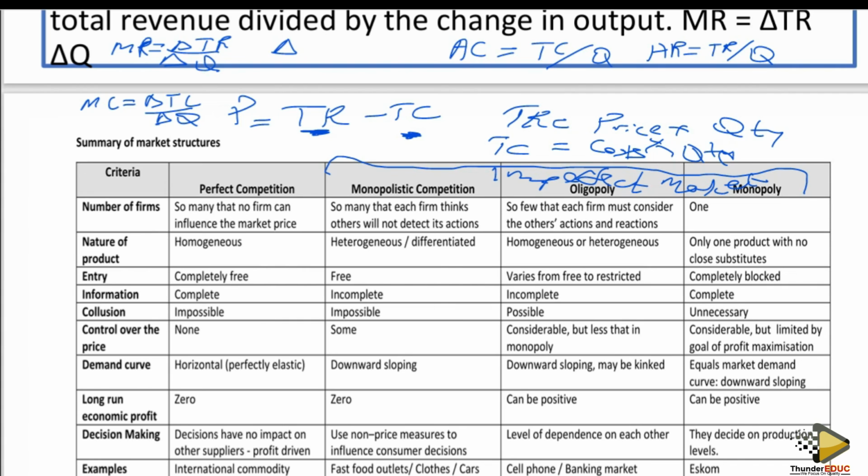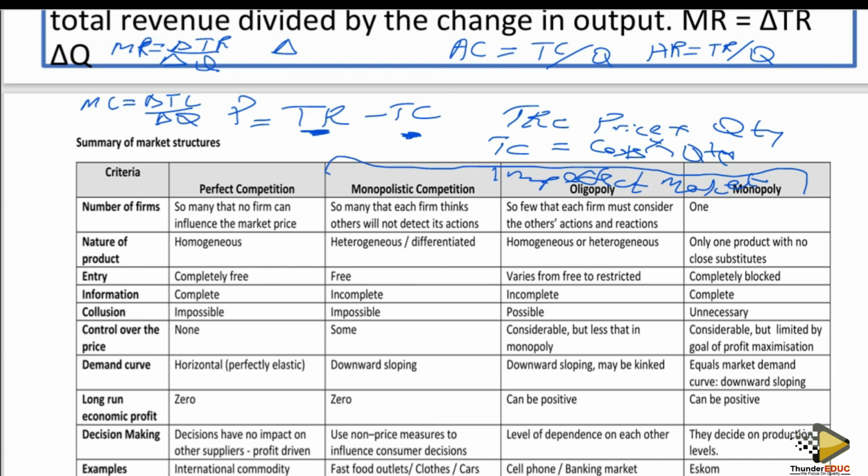Now when you check the nature of the firms, it says that under perfect market we have a large number of buyers and sellers. Under monopolistic competition, each firm thinks others will not detect its action, so one action by one business will influence the action of another. It is also characterized by a few buyers and sellers.